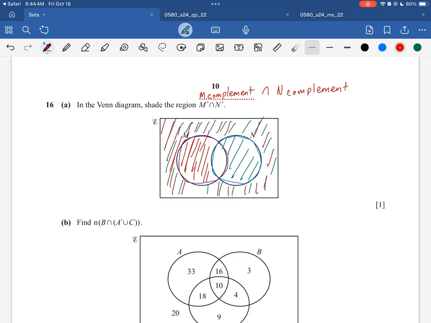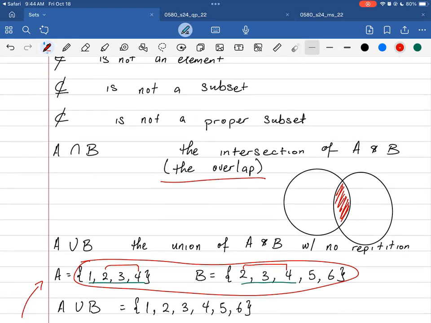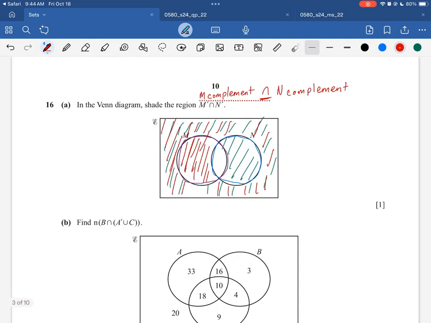Okay, now you're looking for where they intersect, where they overlap. So in this case, where do you see my red marks and my green marks in the same place? In this part here, this is only red, this is only green. Here you see red and green.